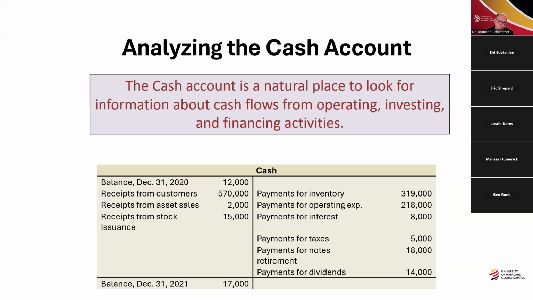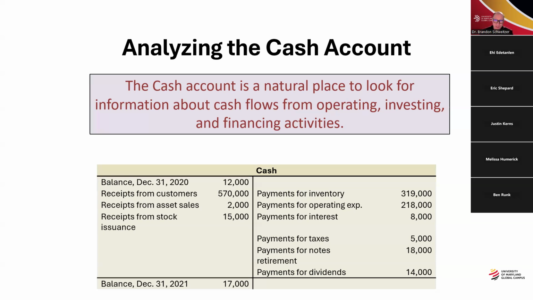The statement of cash flows summarizes and classifies the transactions leading to the increase or decrease in the cash account. Preparing the statement of cash flows requires determining whether an individual cash inflow or outflow is an operating, investing, or financing activity, and then listing each by their respective activities.